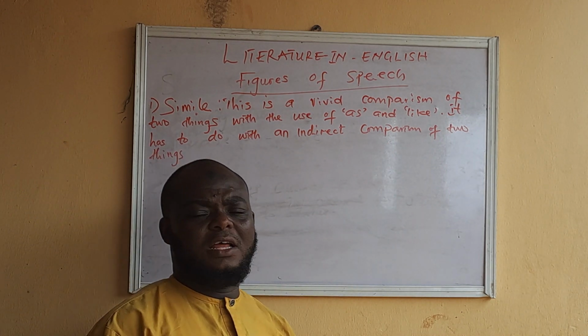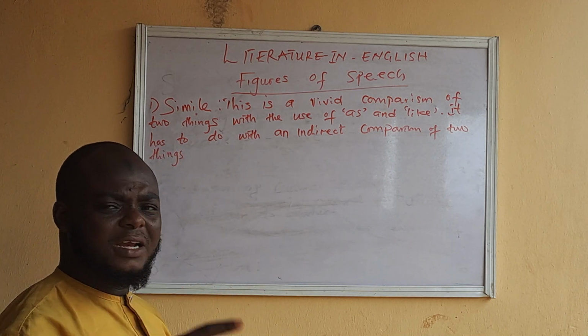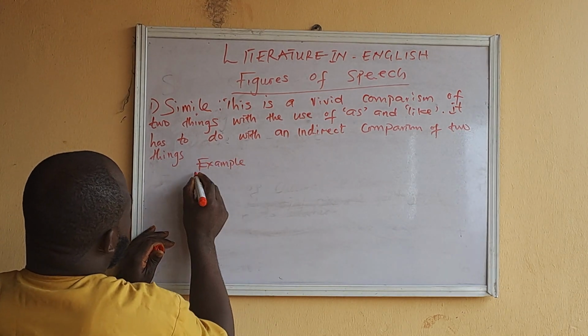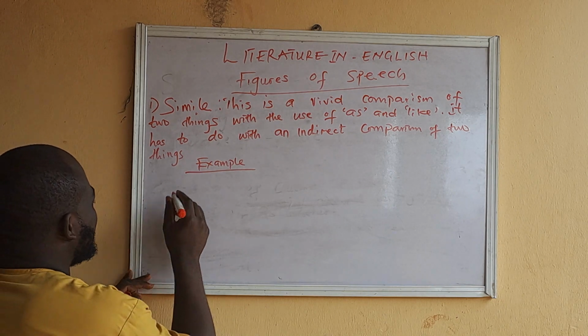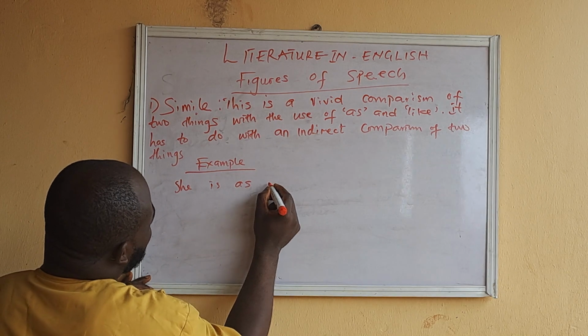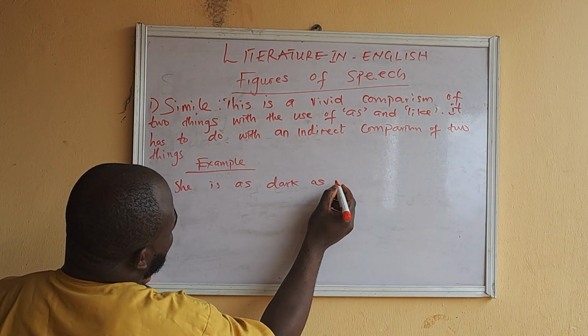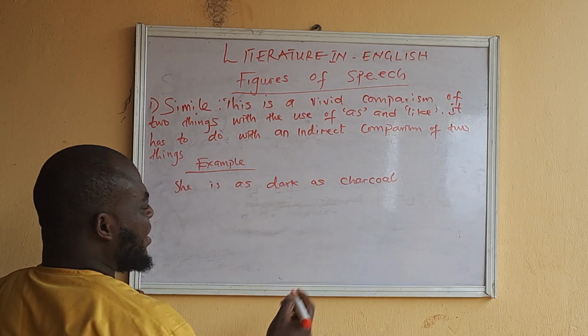Now, let's take a look at an example of this for better clarification. Example, I want to look at an example of simile. She is as dark as charcoal. Now look at this statement.